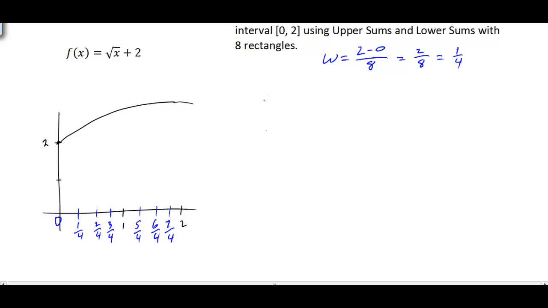So if we're going to calculate the area, and if we look at the intervals here, once again, you might want to actually list these out.